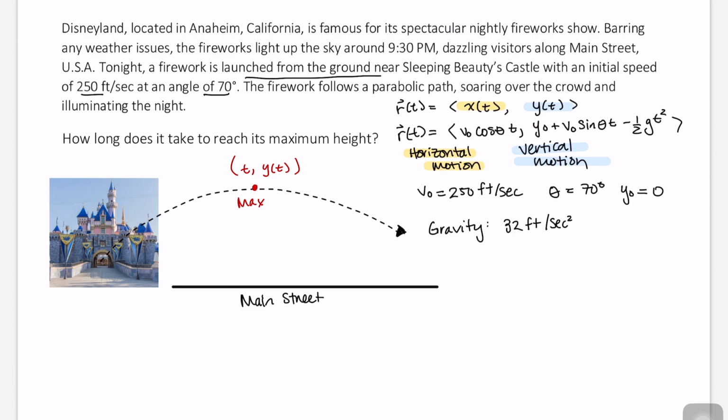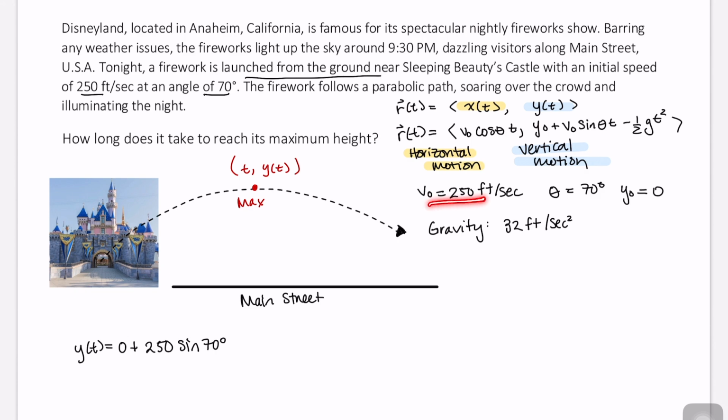So first, let's set up our function for height. So y of t is equal to y naught, and I'm using this function right here. So y naught, our initial height off the ground, we already know is 0. So this is 0 plus our initial velocity of 250 times sine of 70 degrees.